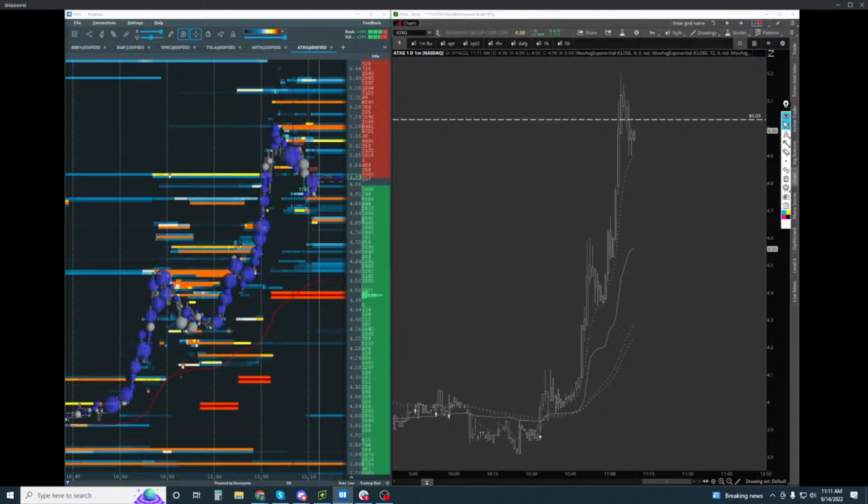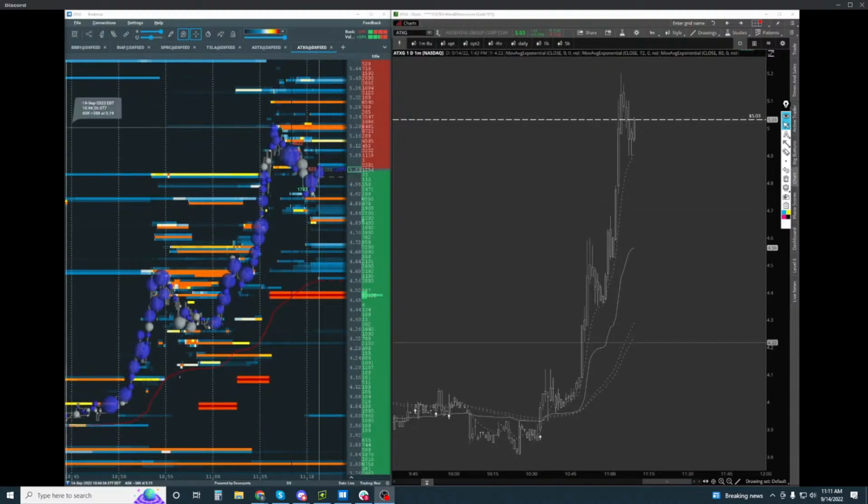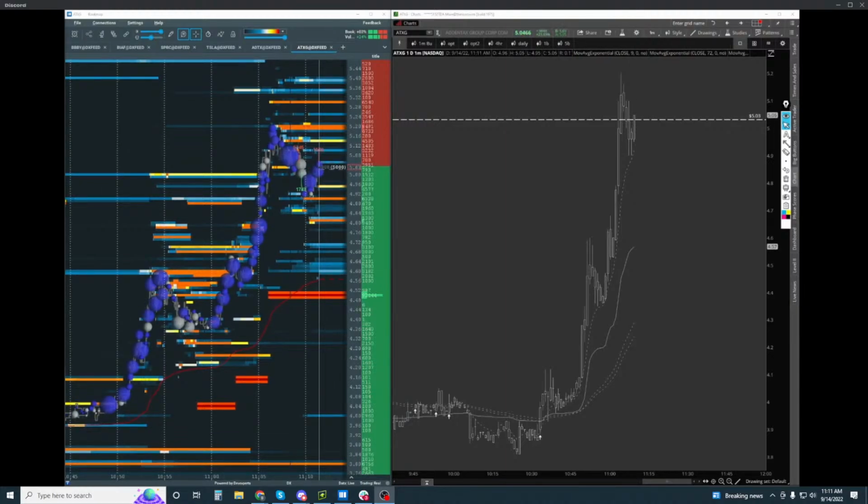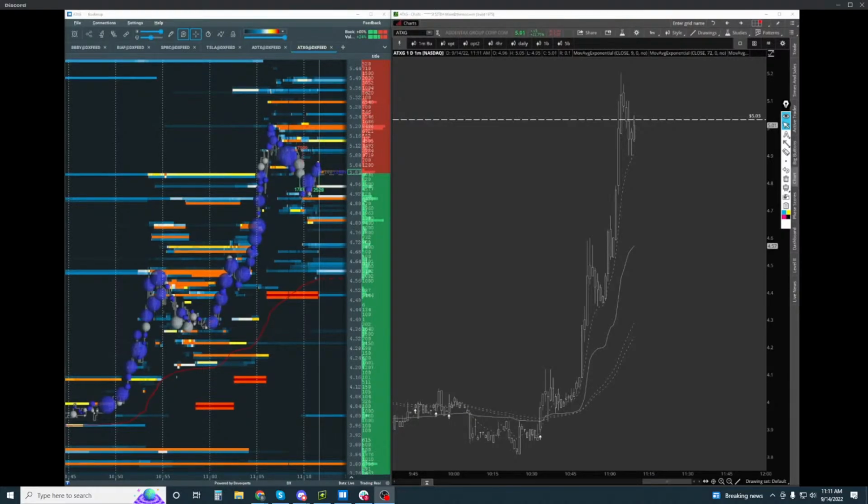No clear levels, no clear plan. Also, we don't know the float, we don't know the institutional, so simply waiting on this one.